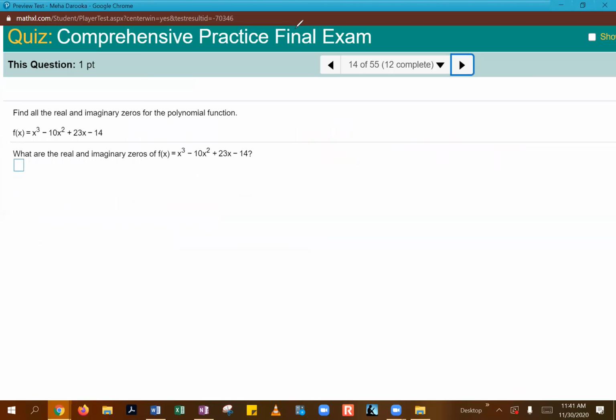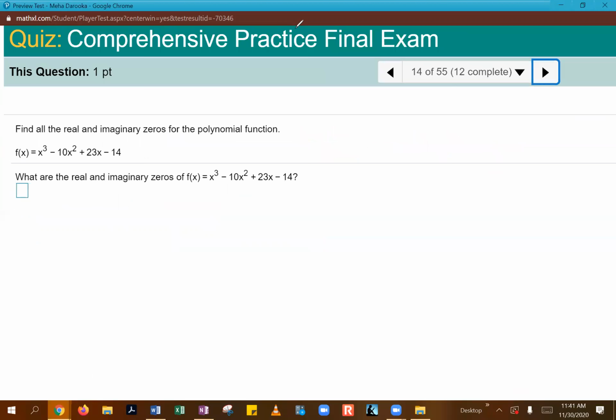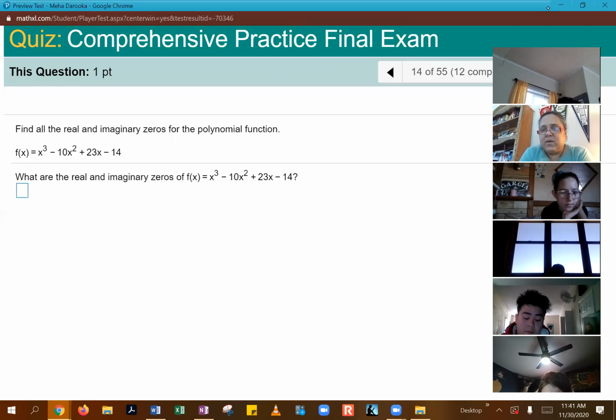This is also coming from chapter 3. They are asking you to find the real and imaginary roots for this polynomial. So any idea on what we can do here to find the roots? Because remember, this is where we had talked about the rational zero theorem, Descartes' rule of signs, the upper bound, lower bound.